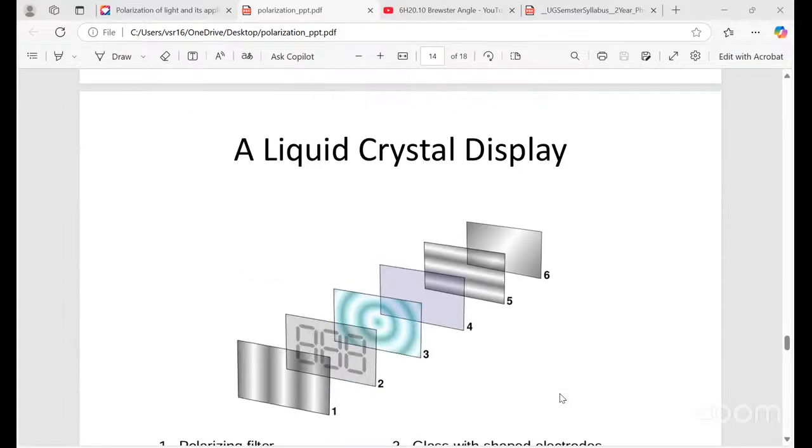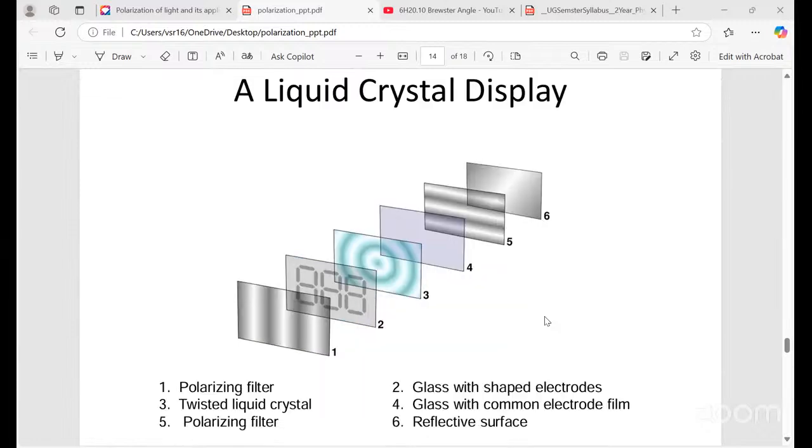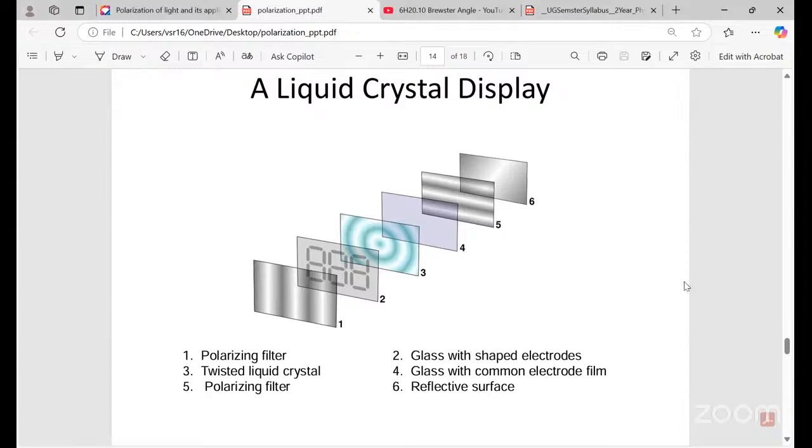So you can see the LCD concept. The first one is the polarizing filter. Here there is a glass with shaped electrodes. The third one is the twisted liquid crystal.